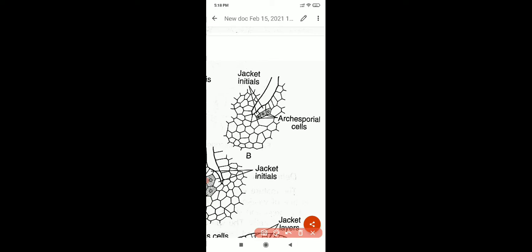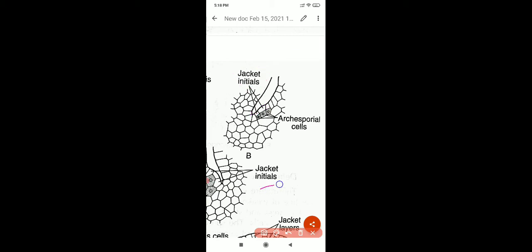The cells which will give rise to the jacket are taken up by these cells known as jacket initial. It is just above the sporangial initial. So these jacket cells are not going to give rise to spores, they are going to give rise to the jacket, obviously.